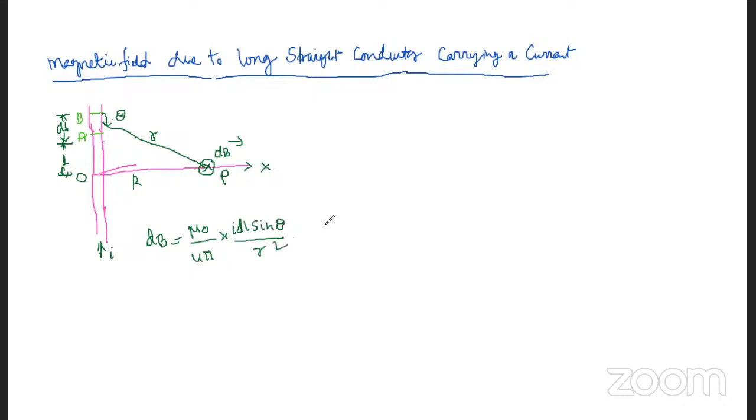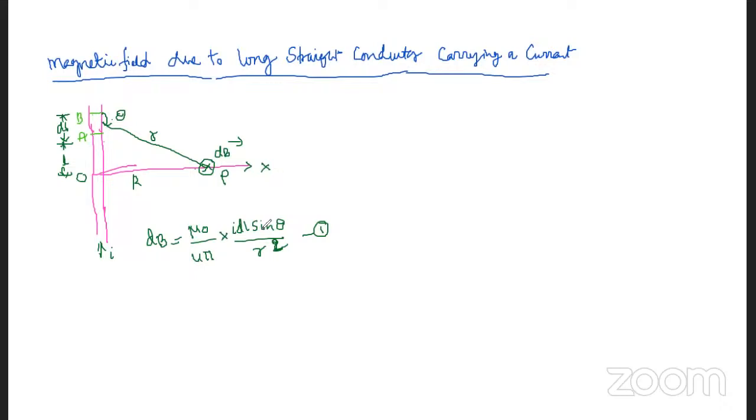So from Biot-Savart, for any arbitrary shape of conductor, if a point P is located at a certain distance, the magnetic field due to the small element is given by dB is equal to mu naught by 4 pi into IDL sine theta by r square.